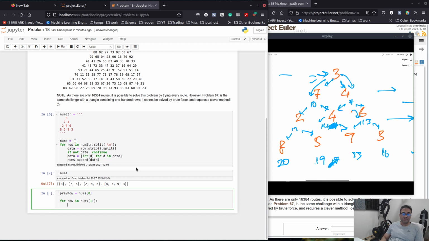What we want to do is, if it's the first one, there is no previous one, so it should take the previous one and the first one. Then enumerate like that.